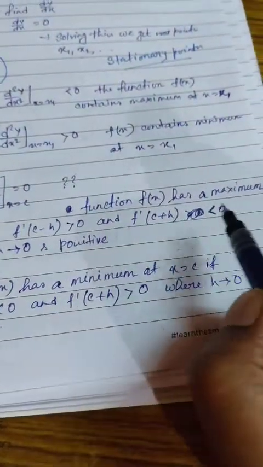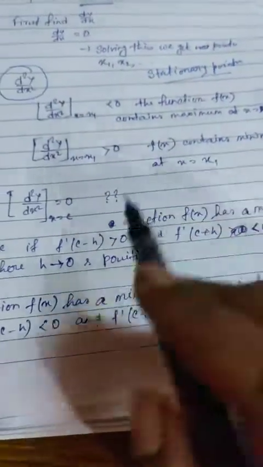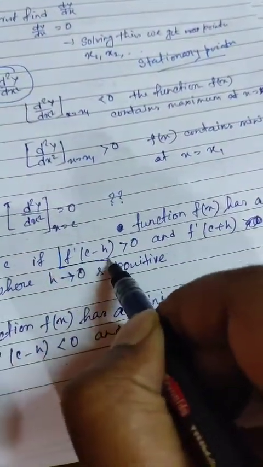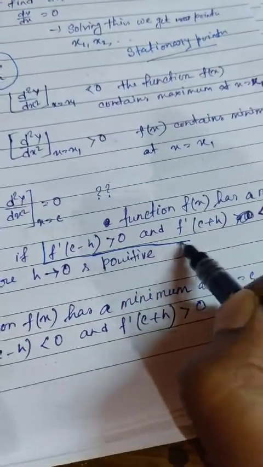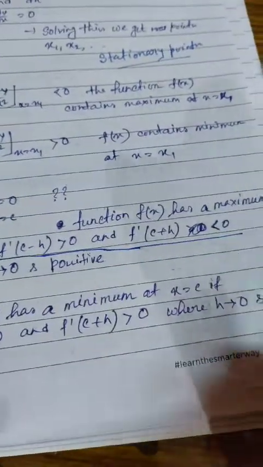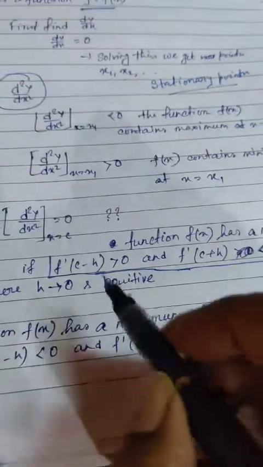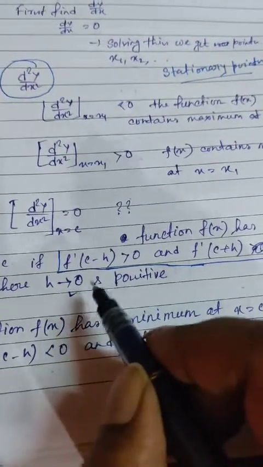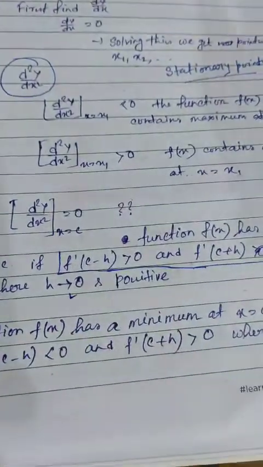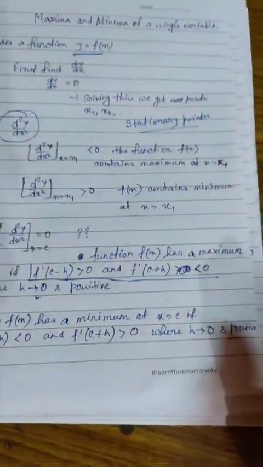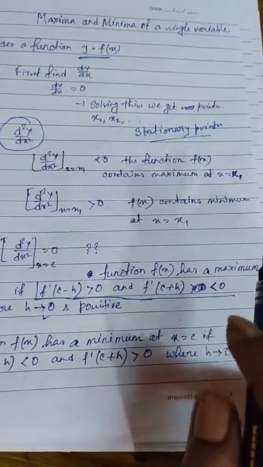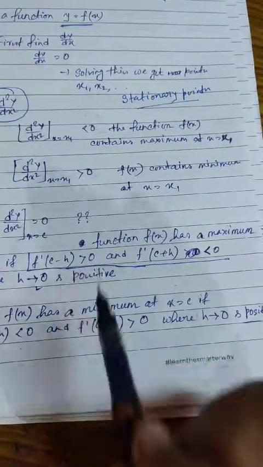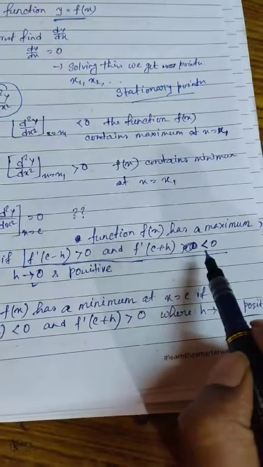Then the function f(x) has a maximum if, under the condition, f'(c − h) is greater than 0 and f'(c + h) is less than 0, where h is a very small positive number, that means h tends to 0 and h is positive.